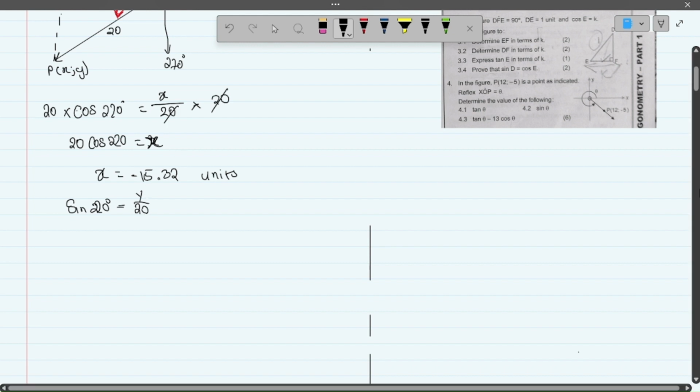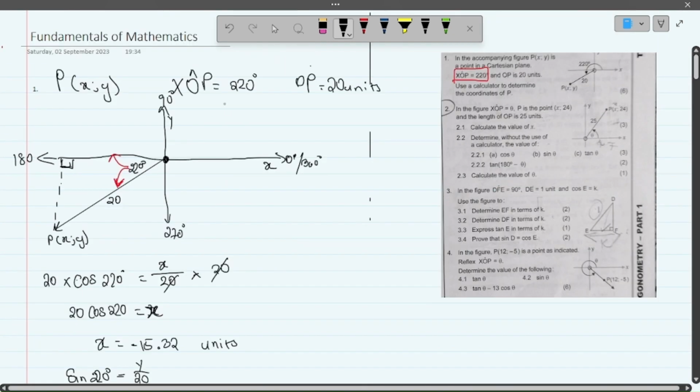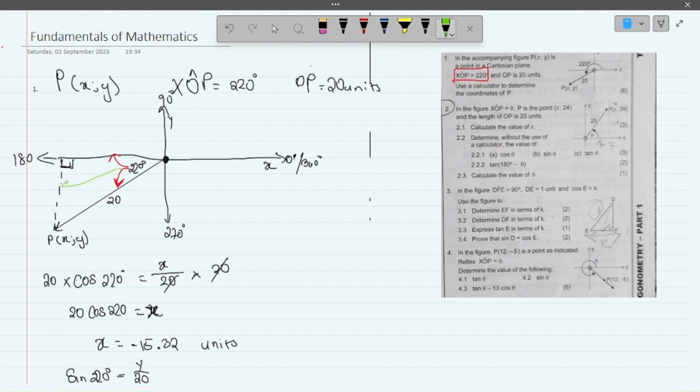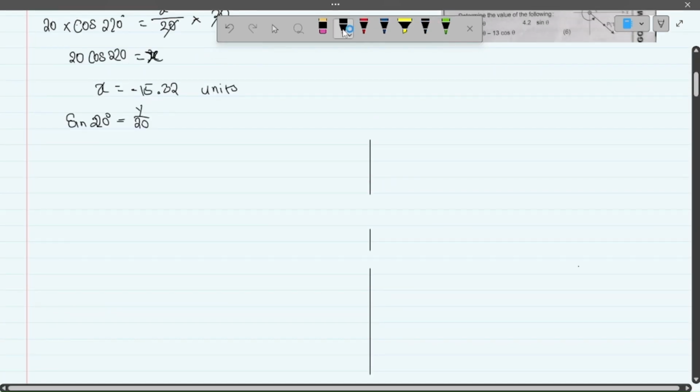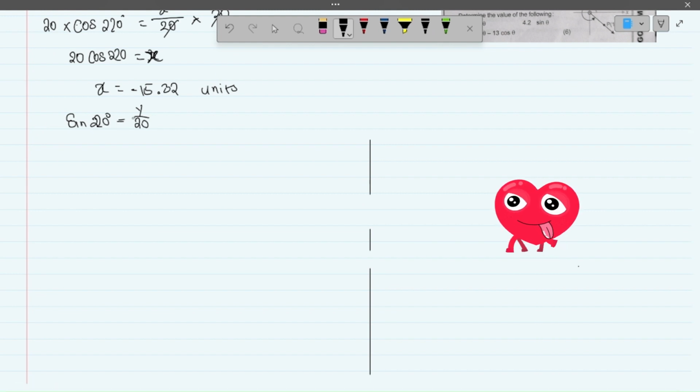Now we're dealing with y, so it's opposite over hypotenuse, so sine 220 degrees is equal to y over 20.